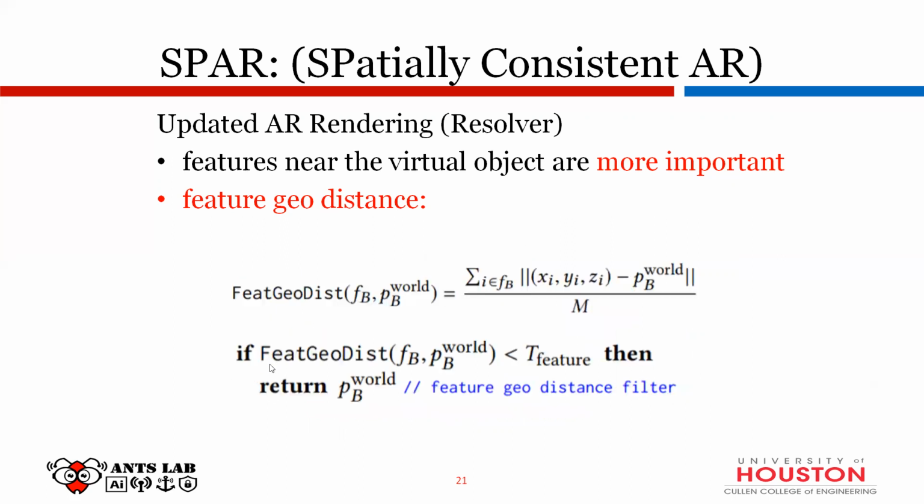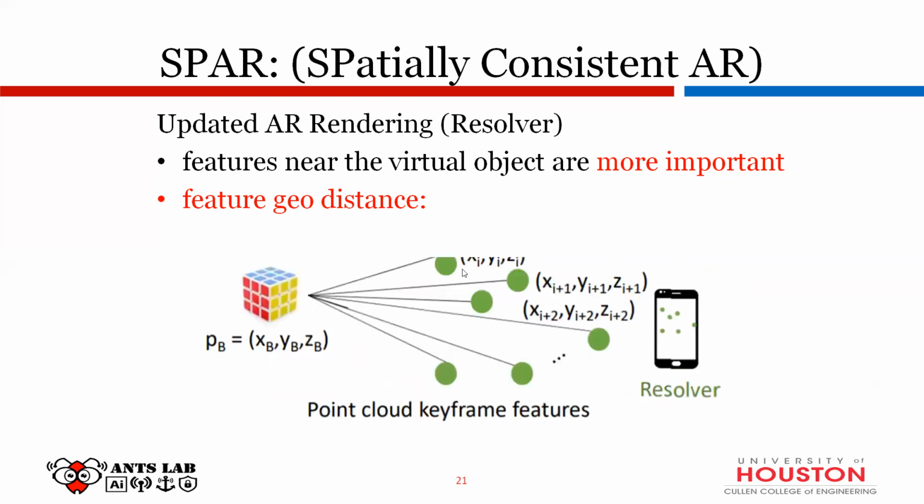So here, if feature geo distance is less than a threshold, then they return the new updated coordinates. So basically, this is the way they choose what to update, and they choose it by choosing those that are near to the virtual objects.